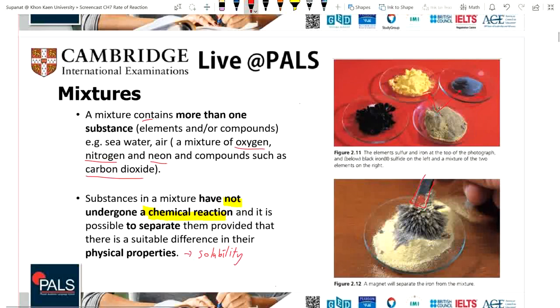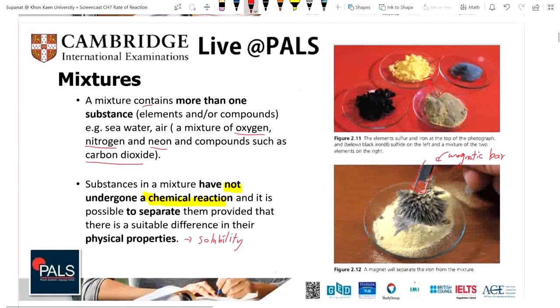In the picture below, this is the magnetic bar. The magnetic bar will separate the iron from the mixture. So that means one of the physical properties that we can use to separate the mixture is the magnetic property. And another physical property I'm going to talk about later, in how to separate the mixture.